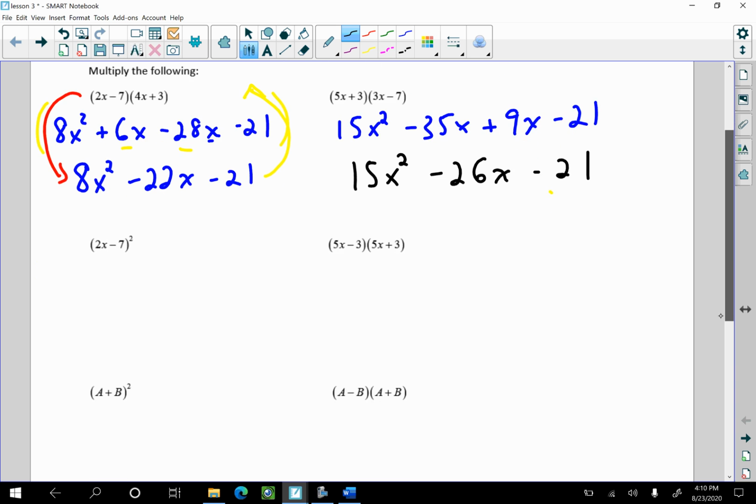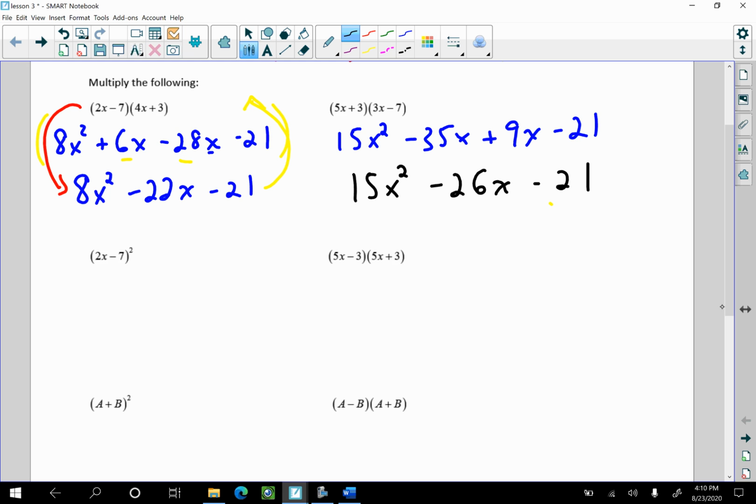This example right here, a lot of people make this error. That does not equal 4x squared plus 49. That's not 2x squared plus negative 7 squared. Before I do this, I'm going to write this as 2x minus 7 times 2x minus 7, by the laws of exponents, by the definition of what an exponent is.